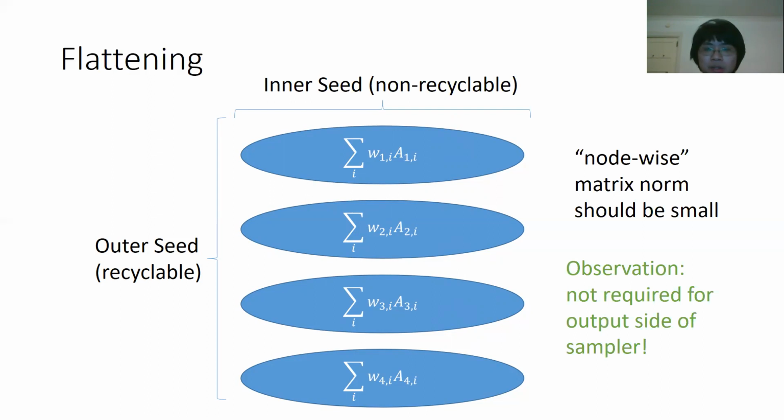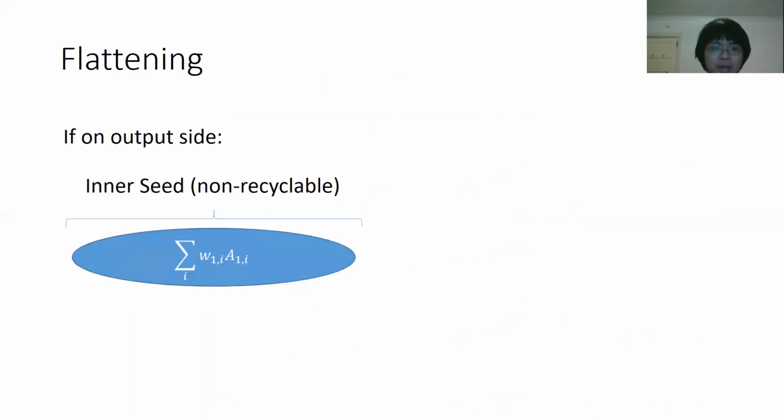But the new observation in our paper is that this kind of node-wise small norm matrix is not required for the output side of the sampler. So every time we apply a sparsified product using a sampler, for the matrix on the output side, we can flatten these nodes.